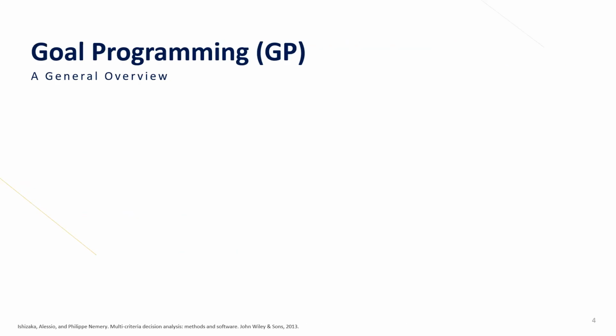Okay, goal programming, a general overview. First of all, goal programming is a form of linear programming. If you are not familiar with linear programming, I suggest you read books related to operations research.